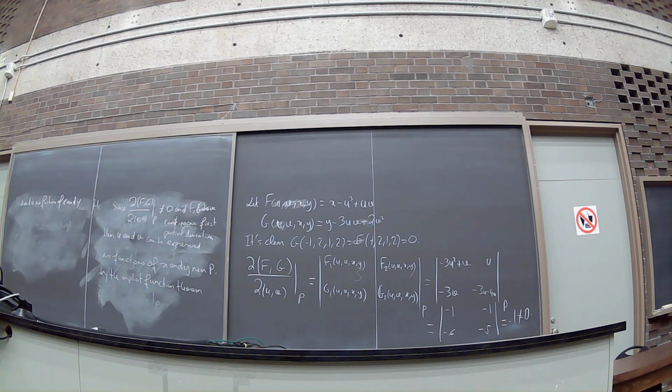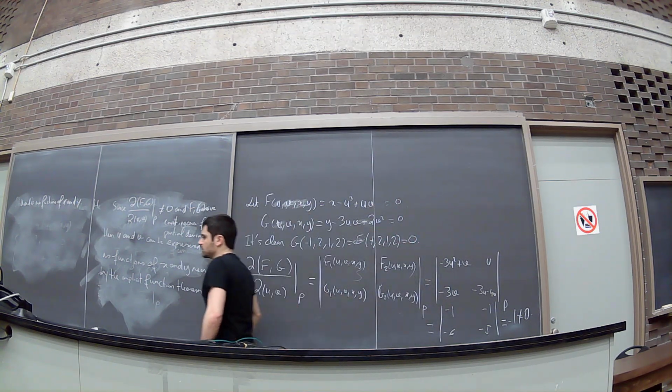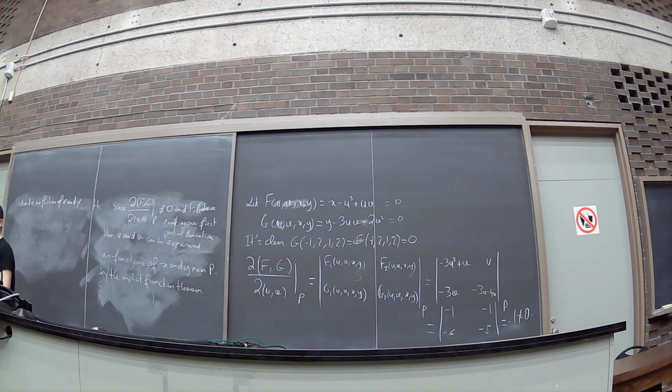How do I obtain del u del x? I have two equations equal to 0. How do I obtain del u del x and del v del x? What do I do? I take the derivative, right?